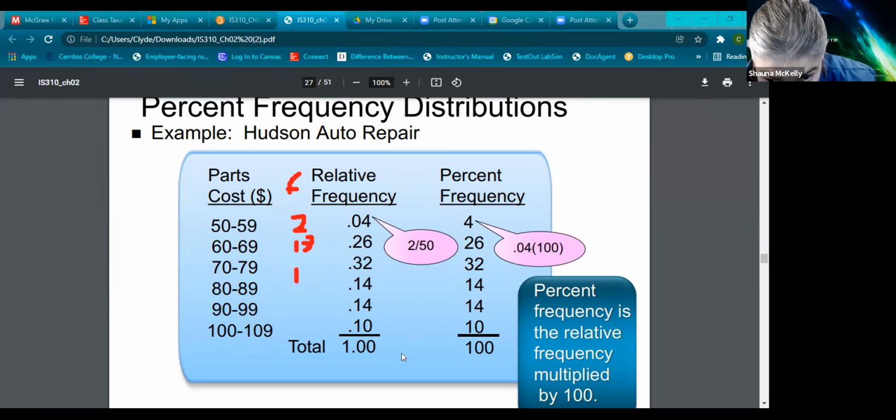So there were 16 data values from 70 to 79. There were 16 data values from there. And here, so there were 16 data values here.